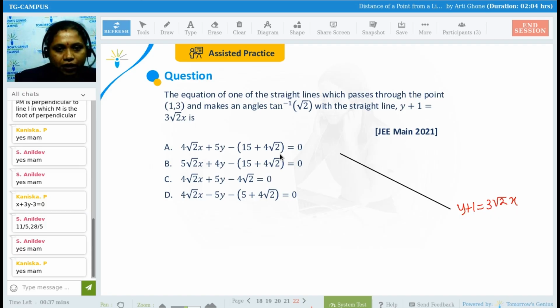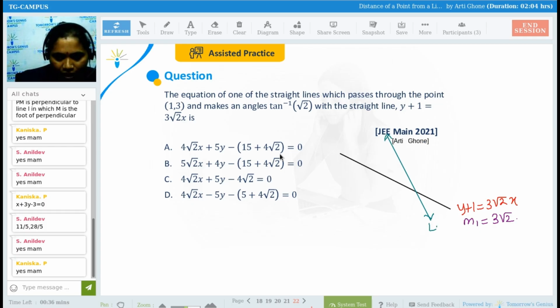So this is giving me a direct value of m1, 3 root 2. Okay, clear? Another thing is that another straight line which passes through this point, that equation is asked. This is our asked line L. Clear? The asked equation is of line L.